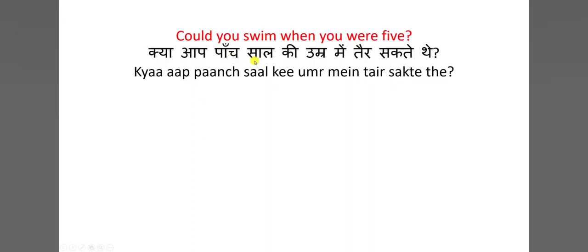Okay, 5 साल की उम्र में represents in the age of 5 years. आप 5 साल की उम्र में represents when you were 5. Okay, तैर is swim, सकते थे is could.